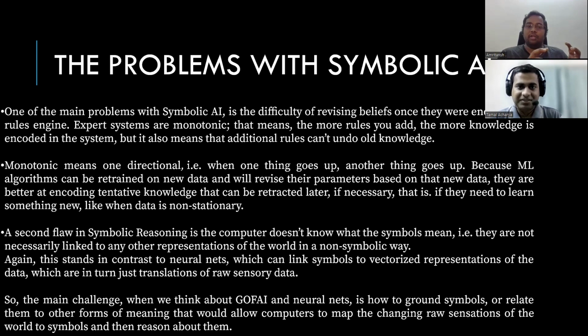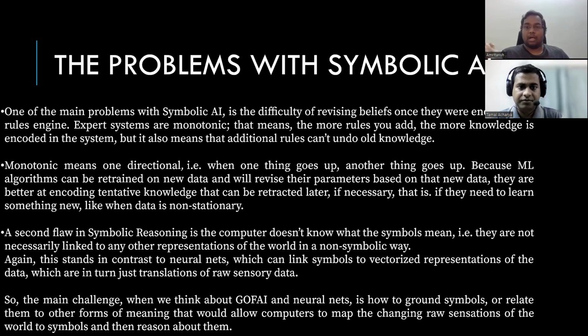So it is always a very tricky thing to suggest something that has failed in the past. How do you bring that to the forefront of modern deep learning, and how do you really even combine? And many times a computer does not know what symbols mean, right? They are not really linked to any representation. This can become extremely tricky, but this is the problem that needs to be solved. And I am fairly sure that we can do this. It just requires the right amount of push in this direction.